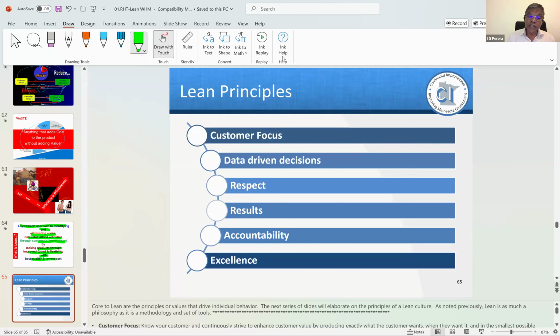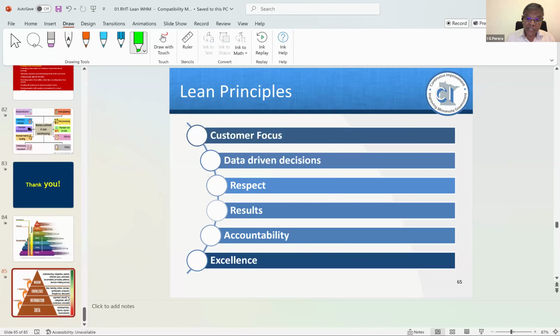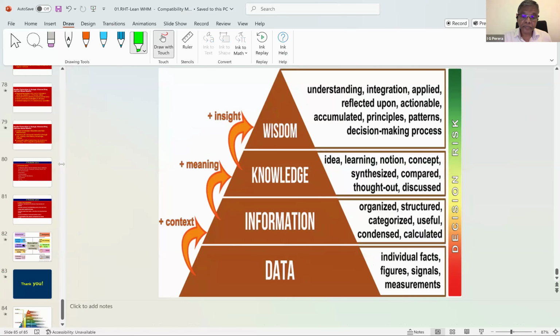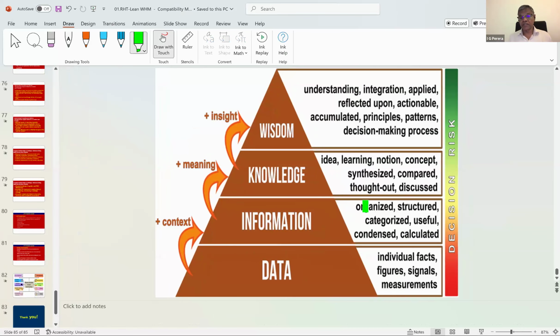And today, data-driven decisions are very important. Lean is basically collecting a lot of data, and decisions are driven after analyzing data. You can see the data triangle here. The data itself is just facts and no use if you don't use it.